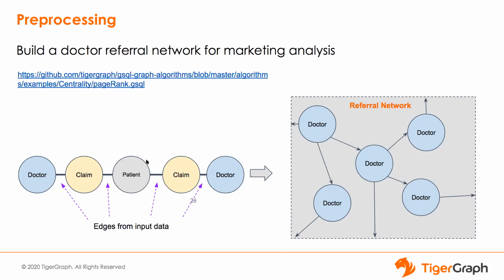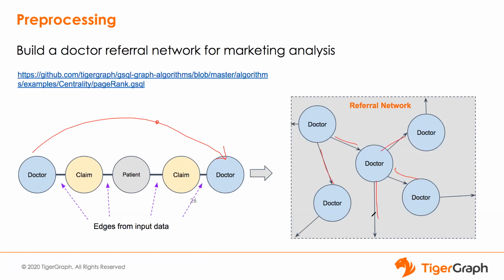then if we directly apply the algorithm on this graph, there will be too much noise, right? The doctors are very far away with many patients and claims in between. Then the PageRank score may not be accurate because there is too much noise in between. And if we pre-process the graph and connect the doctors that had a referral relationship, then by utilizing this edge, we have built a network like this, right?